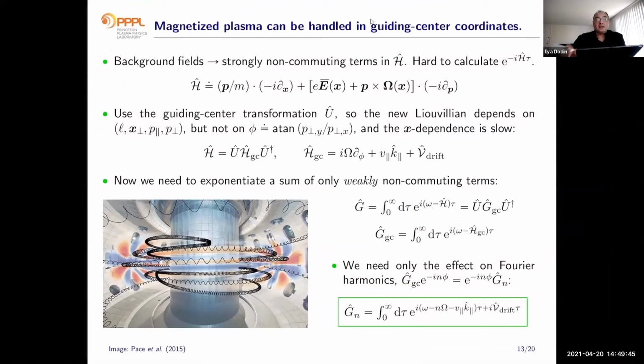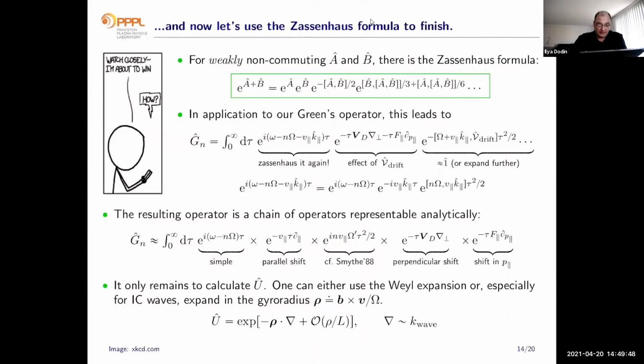That's why it's nice. There is a trick here: when you calculate the guiding center transformation, there is a gradient that enters this thing, and it comes because you apply this whole thing to a wave field. This is determined by the wavelength, and the wavelength can be really small. So I'm not saying that the gyro radius is much smaller than the wavelength.